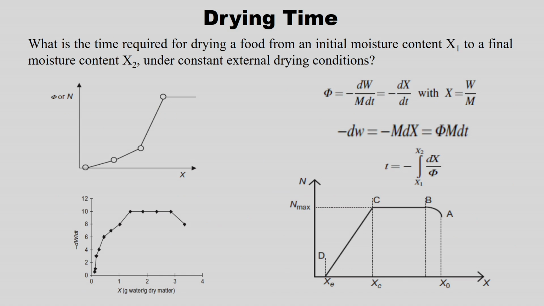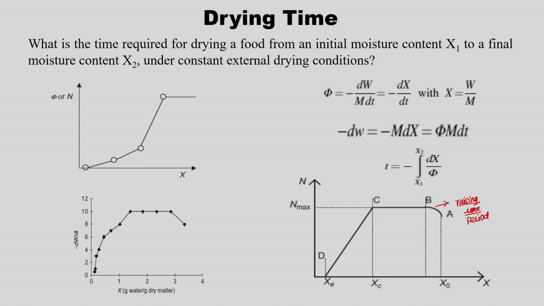So, here is your drying curve. This phase AB we call the phase of rising rate period. Here the product is getting warmed up, or the product is preparing its pores to be opened.